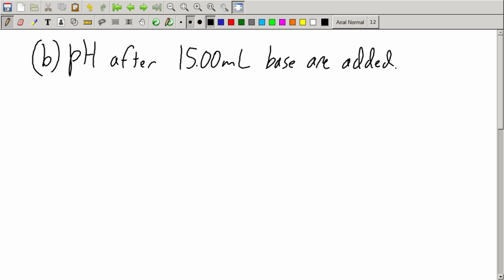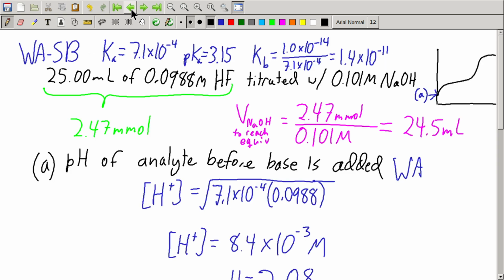Let's go back to our rough drawing of the titration curve. Okay. According to what we have already done, this roughly here is our equivalence point. Okay. And that is represented by the addition of 24.5 milliliters of base. Okay. So we could write that here. 24.5 milliliters. Okay, if we're at 15 milliliters of added base, where does that put us? That puts us about here.